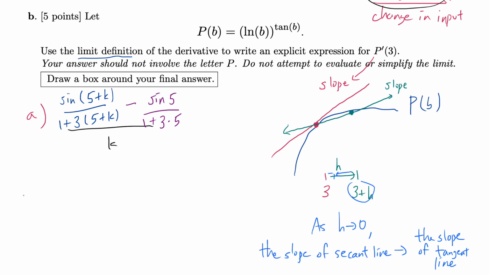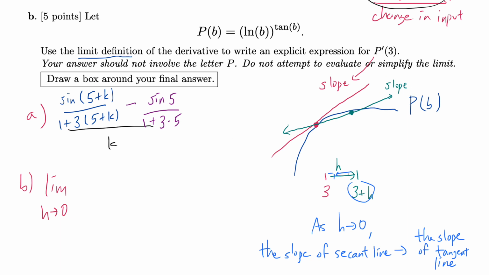So here's what we want to do. We take the limit as h goes to 0, because this is the entire point: we approximate using a secant line, and we take the limit as h goes to 0 to find the slope of the tangent line at 3. What is the slope of the secant line?